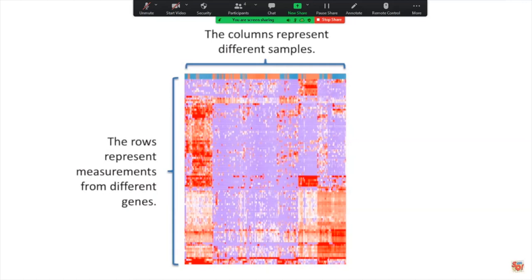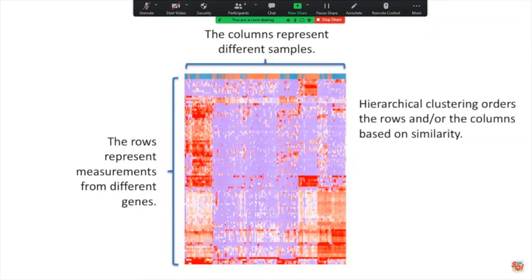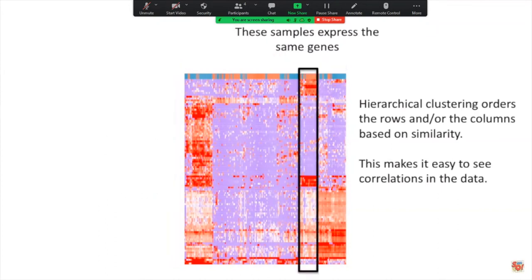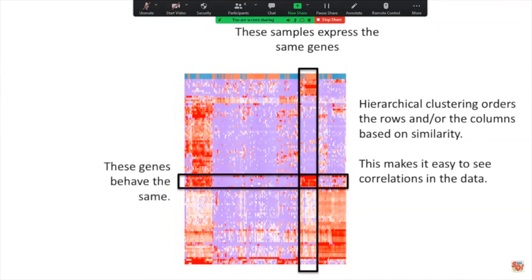Red typically signifies high expression of a gene, and blue or purple means lower expression for a gene. Hierarchical clustering orders the rows and/or the columns based on similarity. This makes it easy to see correlations in the data. For example, these samples express the same genes, and these genes behave the same.